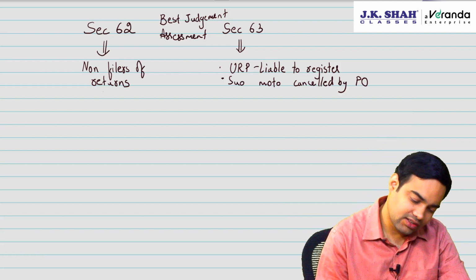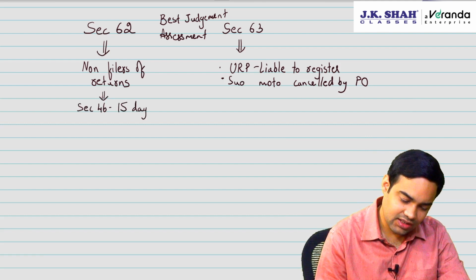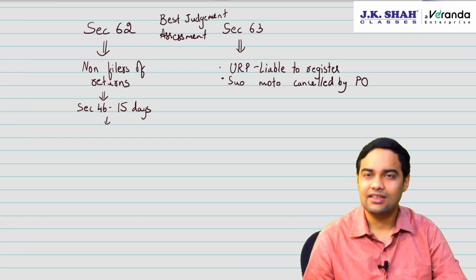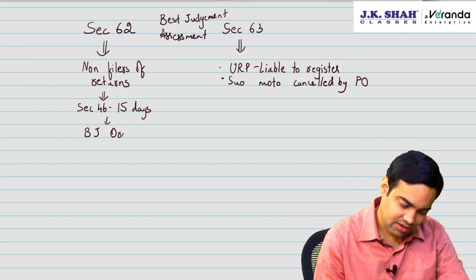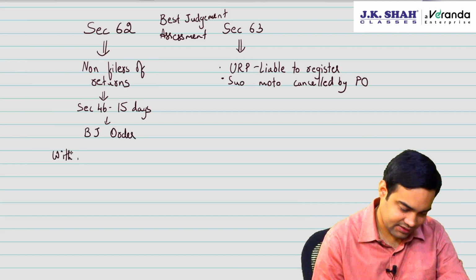Now, non-filers of return, see, a notice under section 46 would already have been sent to file the return within 15 days. Still, if the person has not filed the return, then the officer can do a best judgment order. Sir, can this best judgment order be withdrawn? Yes.